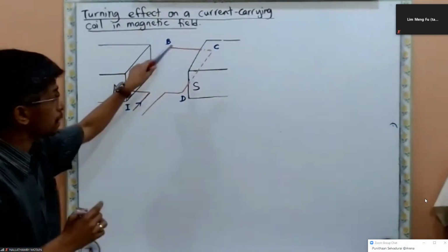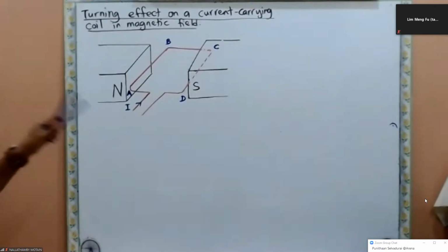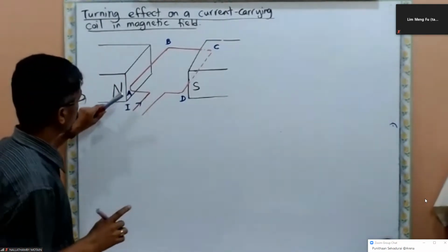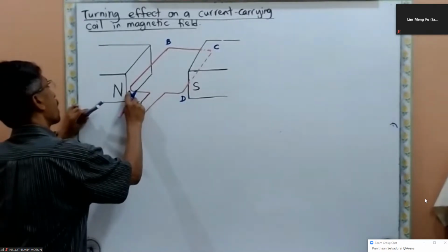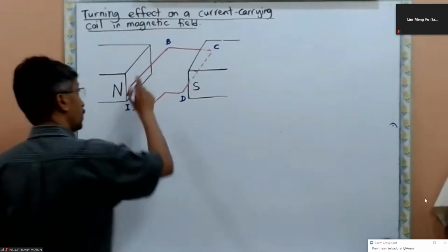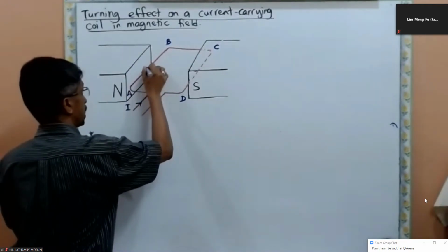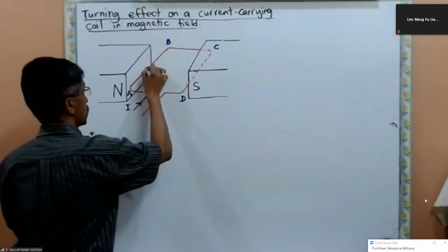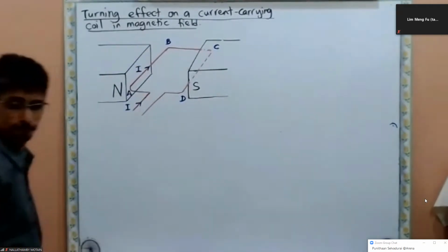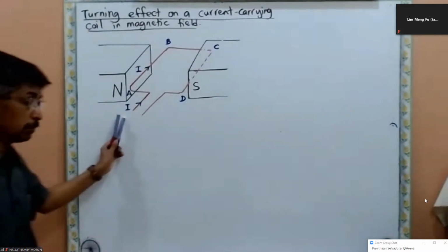On the side AB, where is the current flowing? Current flows from A to B. We draw the current over here first, I. This one we check later.